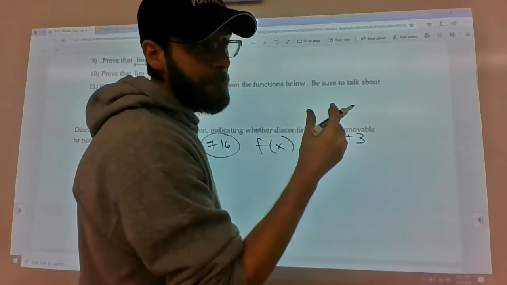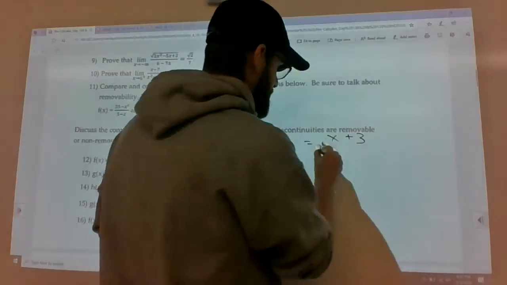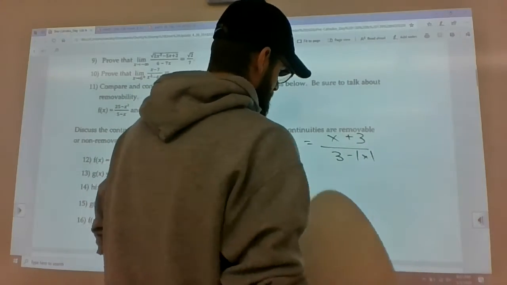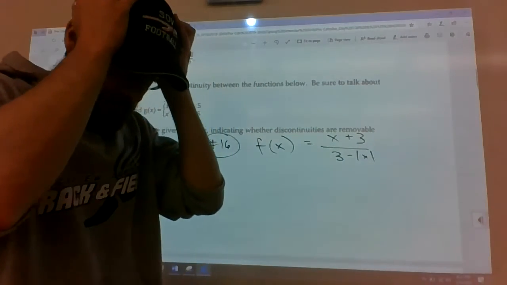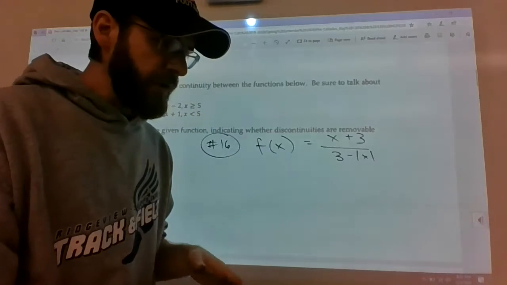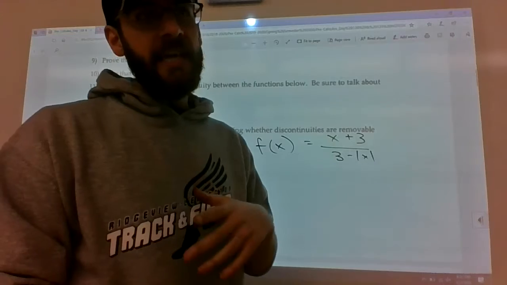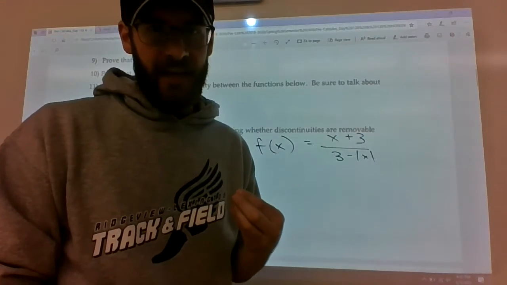Let's make sure I write it down correctly. All right, I got it. All right, now this is interesting because what we're probably going to have to do is turn this thing into a piecewise to really give it the full treatment of analysis.